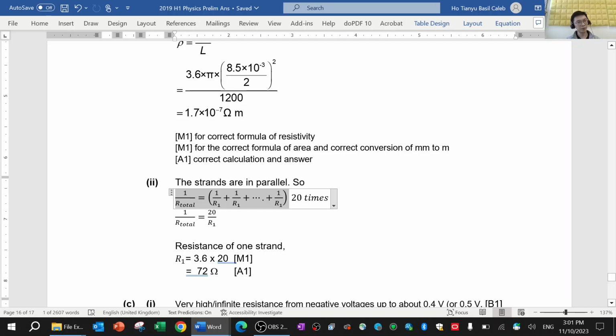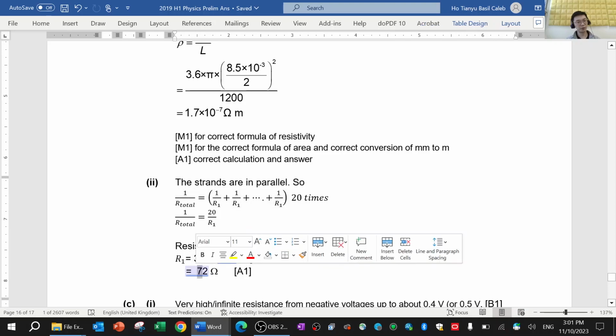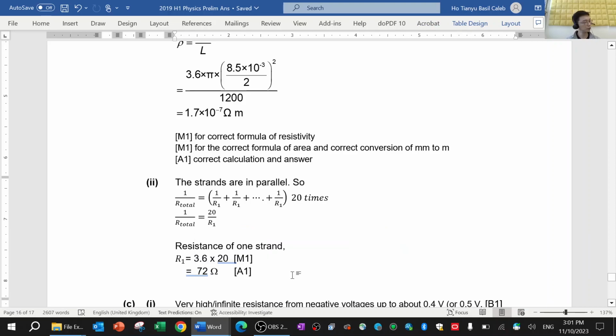You will never depend on one cable, one strand, for charging or powering your laptop, because it might break. That's why you have a few strands in parallel. So you need to know this, which is something we have done in one of the papers prior.